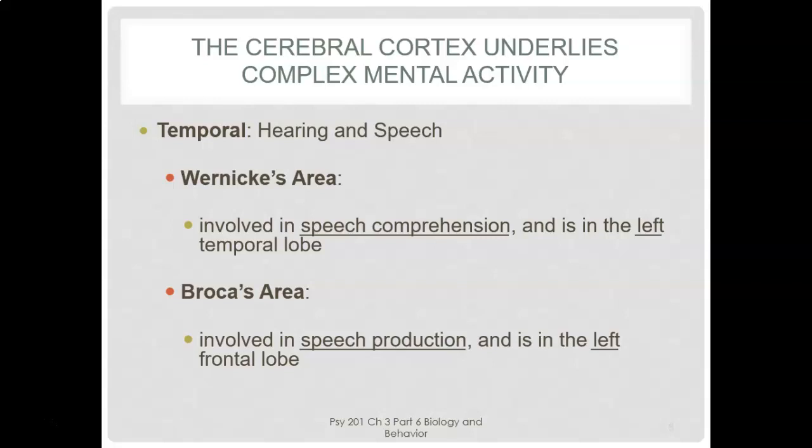Now, Broca's area is involved with speech production, my ability to say words and sentences. This is in the left frontal lobe. But both Wernicke's area and Broca's area are critical for speech. Wernicke's area is speech comprehension, and that is in the left temporal lobe. And Broca's area is in the left frontal lobe.